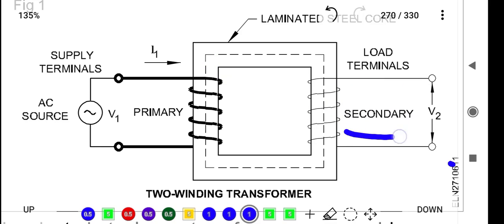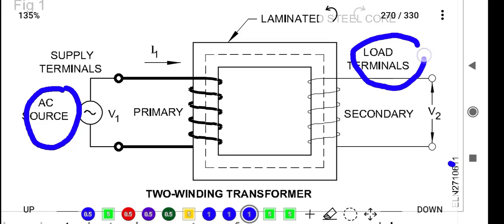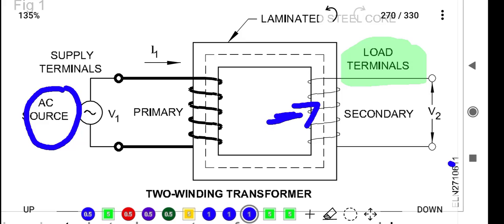Next, what is secondary winding? This is the secondary winding. Here the primary winding is connected to the AC source, that's why this is the primary winding. The secondary winding is connected to the load. The winding which is connected to the load terminal is called secondary winding.